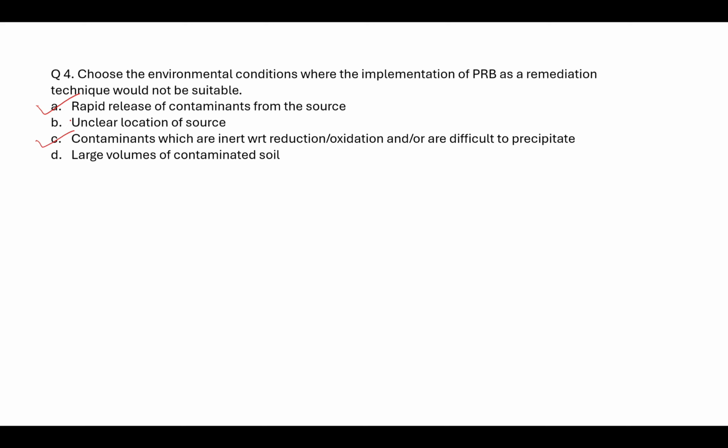And next is the large volume of contaminated sites. So these type of site is suitable for PRB for removal of pollutants. So option A and C are the correct option, that these two situations are such where PRBs are not effective or suitable. Now let's move to the next question.